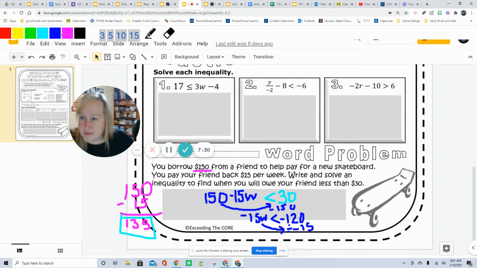Since I divided by negative 15, that sign flips. You have w left on this side. And then 120 divided by 15. Let me double check. Okay, negative 120 divided by negative 15 is a positive 8. So the answer is more than 8 weeks. So there's the answer to that one.